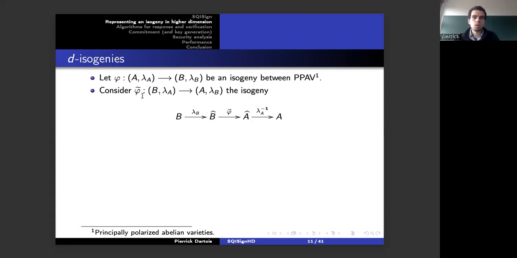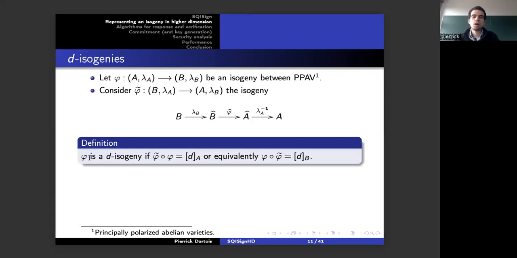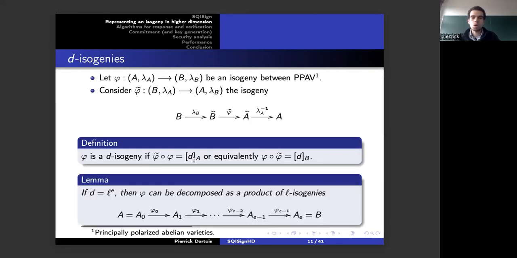And we denote phi tilde the analog of the one-dimensional dual, given simply by the composition of the polarization of B, the dual of phi, and the inverse of the polarization of A. And we say that phi is a d-isogeny if phi tilde phi is the scalar multiplication by D.